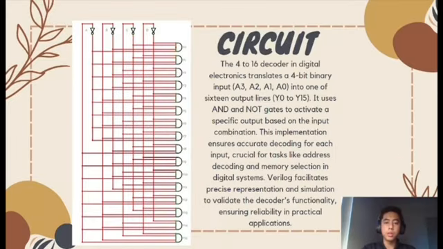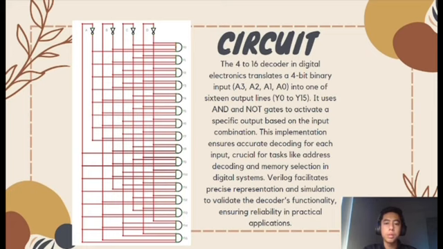So this is the circuit of the 4 to 16 decoder. The 4 to 16 decoder in digital electronics translates a 4-bit binary input A3, A2, A1, A0 into one of 16 output lines Y0 to Y15. It uses AND and NOT gates to activate a specific output based on the input combination.